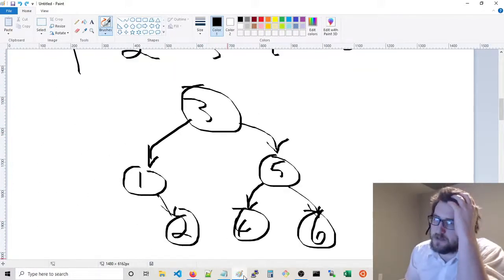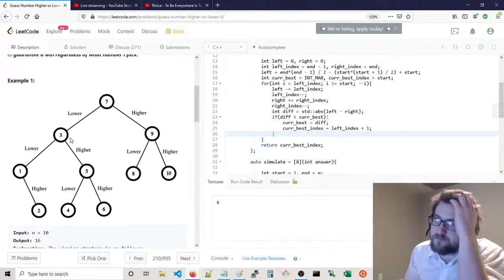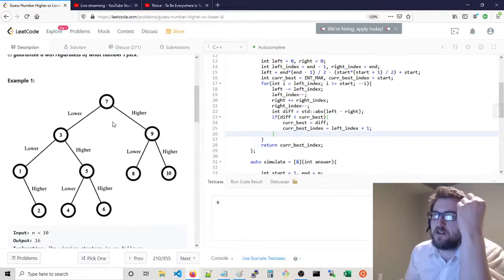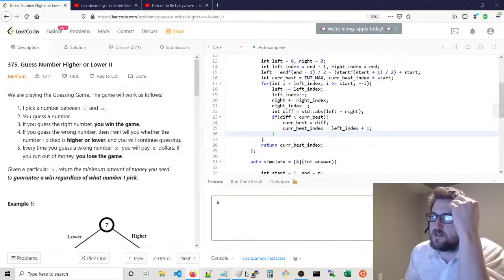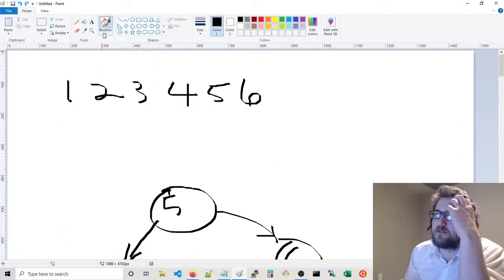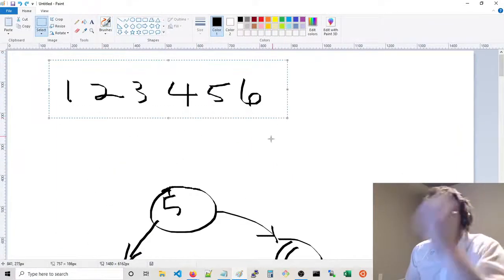I think I would need to think about this problem a little bit more. I kind of want to optimize on the internal nodes, it seems. Looks like you want all the odd numbers too on the internal nodes. Well, maybe that's just a coincidence, right? If you had 7.